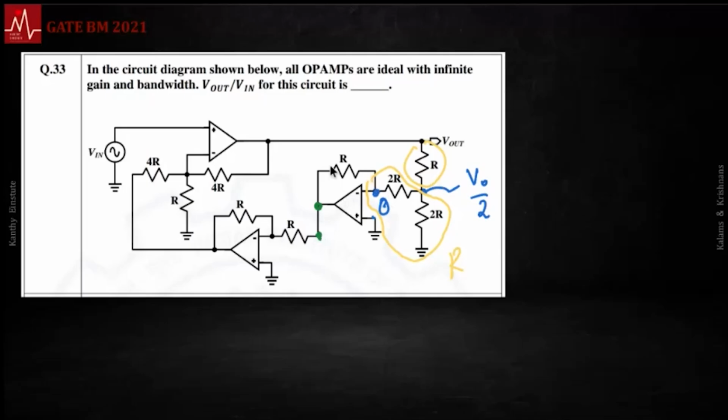The gain is R by 2R, so the gain is half with a negative sign. So here it will be minus V naught by 4. This is also an inverting amplifier, but with a gain of 1, and it changes sign. What you get out here is V naught by 4.